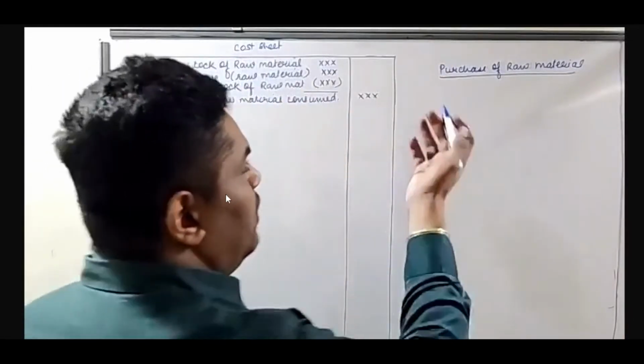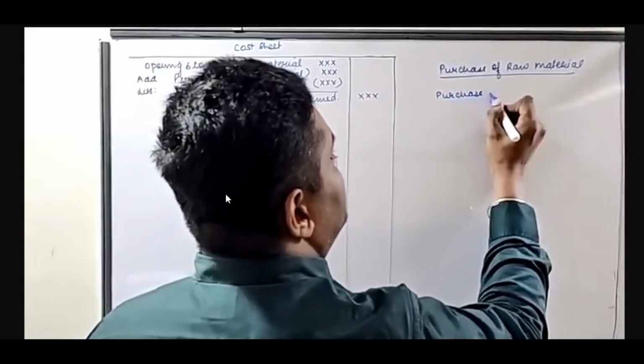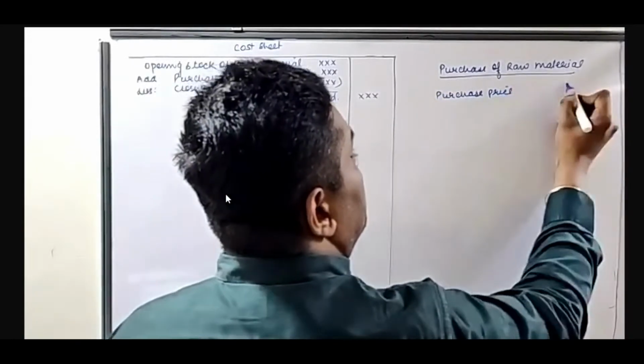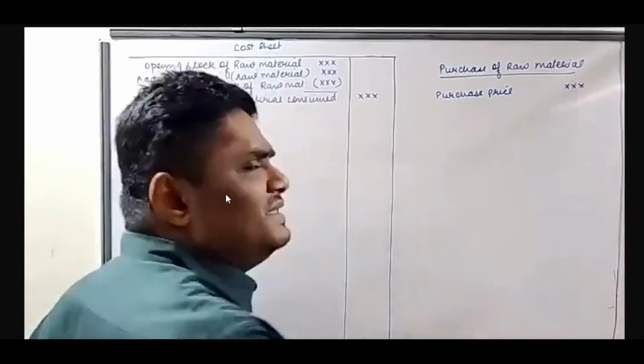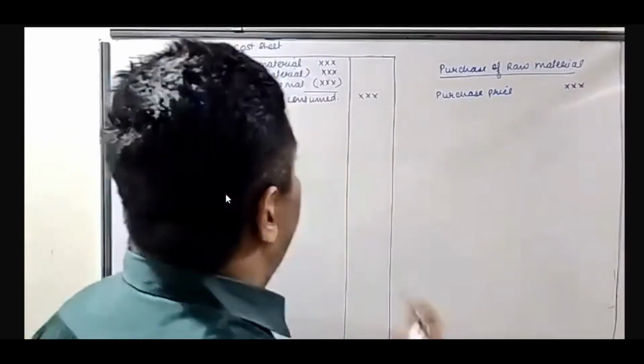So, when talking about the purchase of raw material, whatever the price paid for purchase, that is the purchase price, plus the cost till the factory gate will form part of the purchase of raw material.